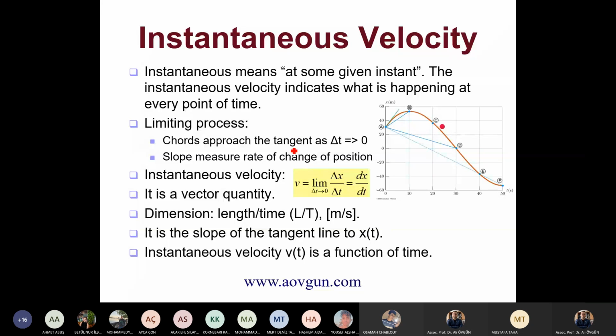And you can also find instantaneous velocity from the xt plot. This is also a vector quantity, and the unit is the same, meter per second. So it is the slope of the tangent line to the xt plot. So instantaneous velocity v(t) is a function of time. Yes, you can see the tangent line.